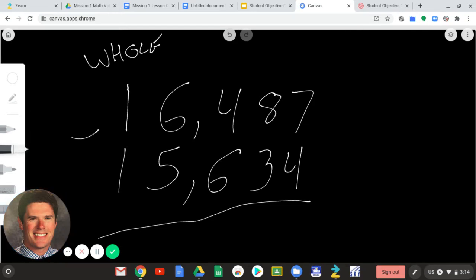You have to. In addition, you can kind of rearrange. It doesn't matter what order you put the numbers, what number you put on top, it really doesn't. Subtraction, it is important. You have to have the greater number on top. And that greater number is our whole, because we're starting off with some number, and then we're taking a smaller number away from it.